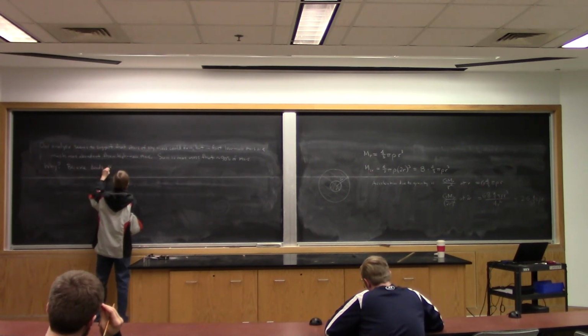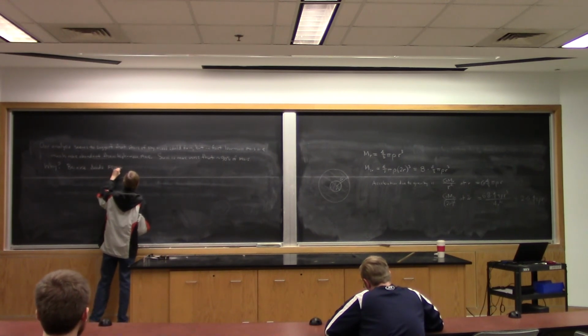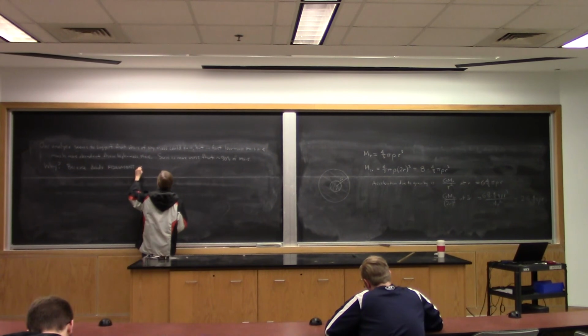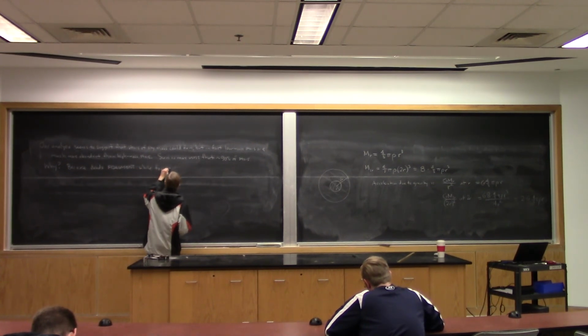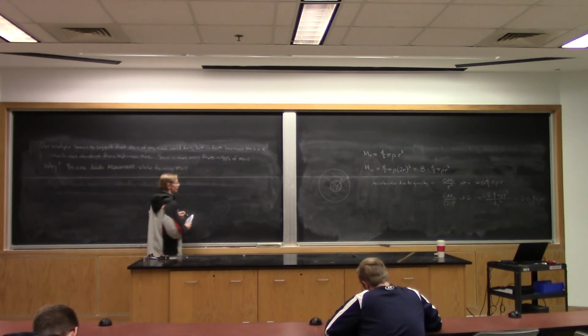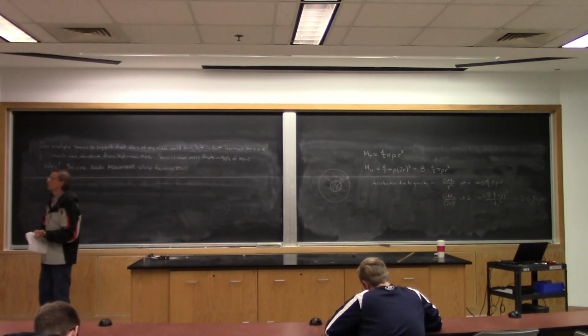Because clouds fragment while forming stars. So you get a bunch of smaller stars instead of one big one.